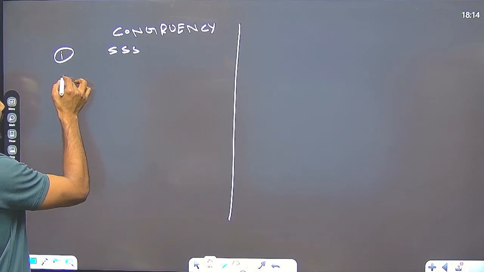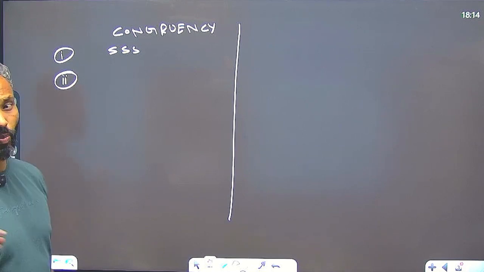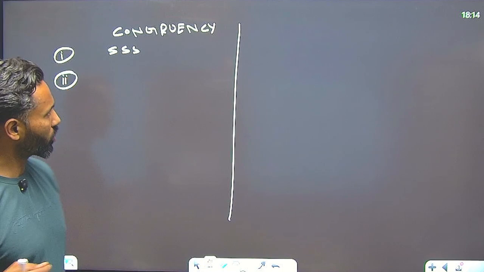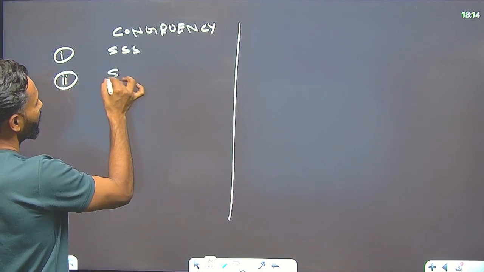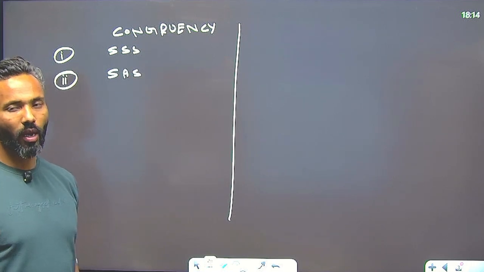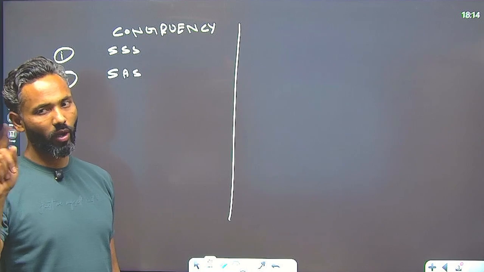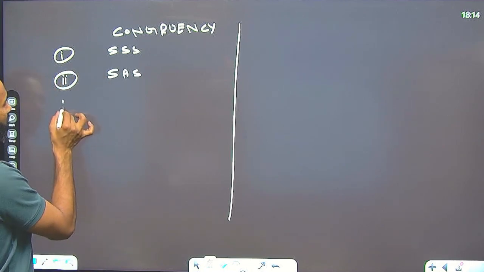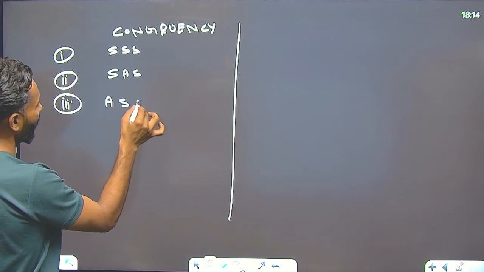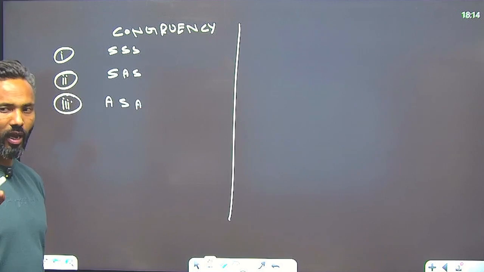The second condition is that if all three sides are not equal, suppose two sides are equal and one angle between those sides is equal, those will be congruent. The second condition is SAS, side angle side. Two sides and one angle. And the third condition is angle side angle, two angles and one side.